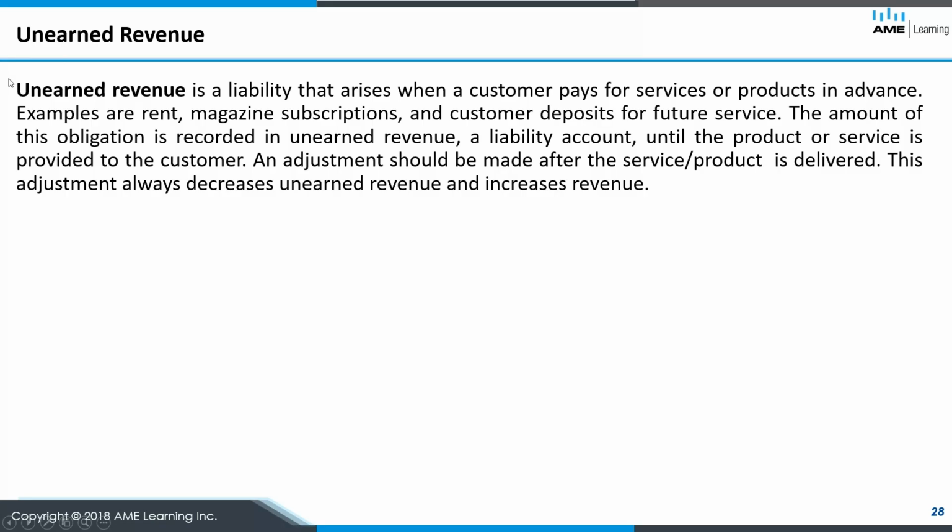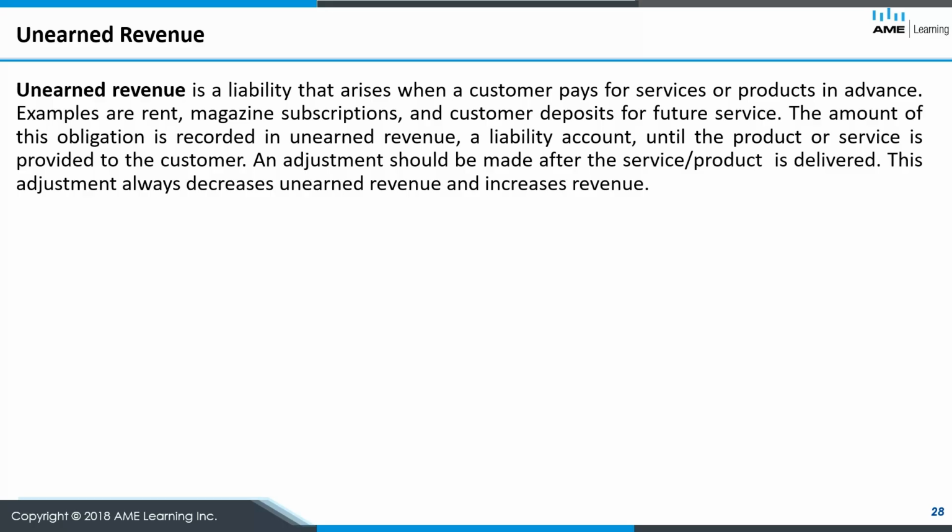Why this falls in the adjusting entries category in this chapter is because this is another time where we, as the accountants, may need to look at the financial reports and at that unearned revenue liability account. We may need to do some analysis to determine whether we actually have earned that money. Did we actually provide the services or some portion of them, so that we can turn the unearned revenue liability into actual revenue?